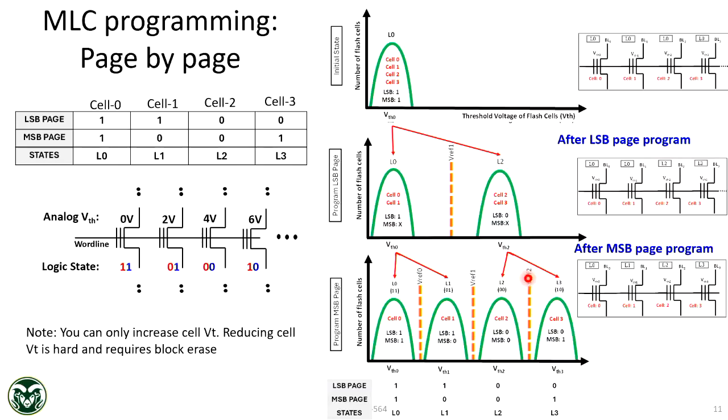You first write the LSB data in the form of L0 and L2, and then split L0 based on MSB data, and split L2 based on MSB data. That's how we can do all 8 bits in 4 cells independently. You write LSB data independently, and then MSB data depends on LSB, which state it will go to.